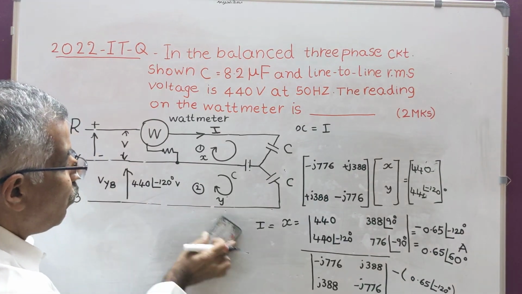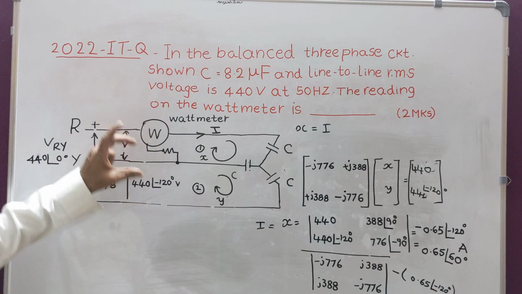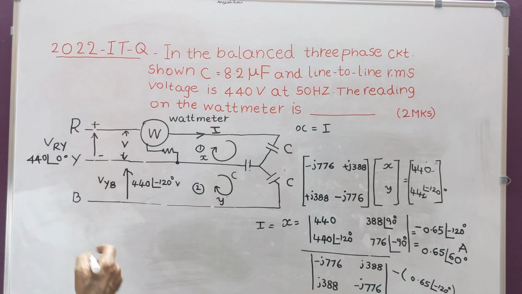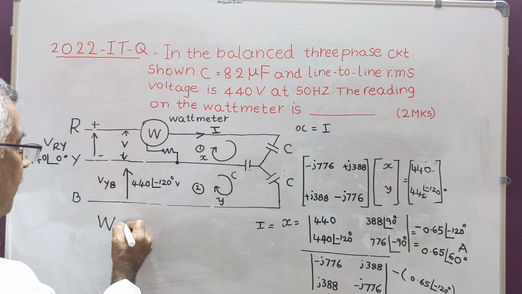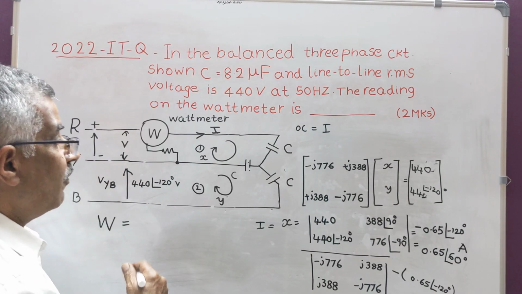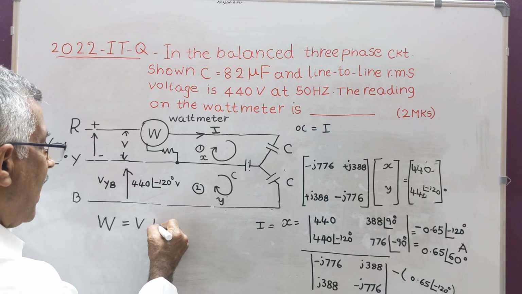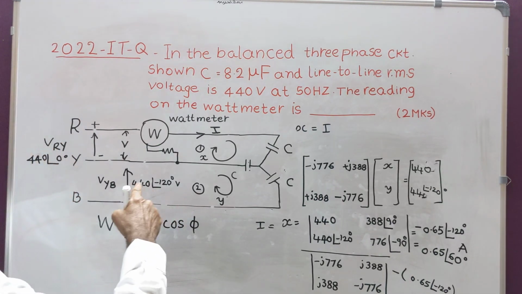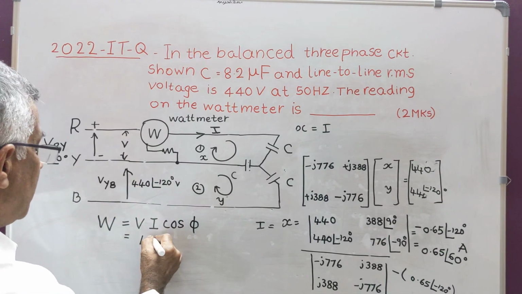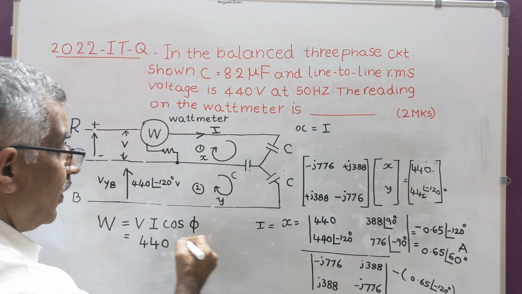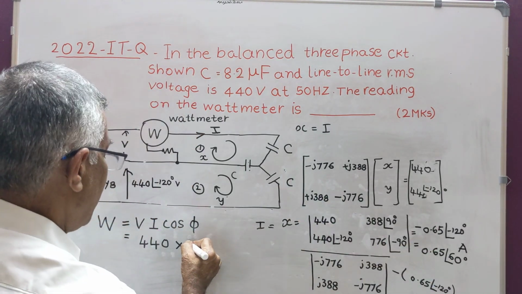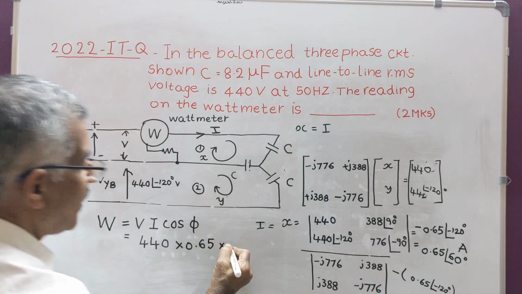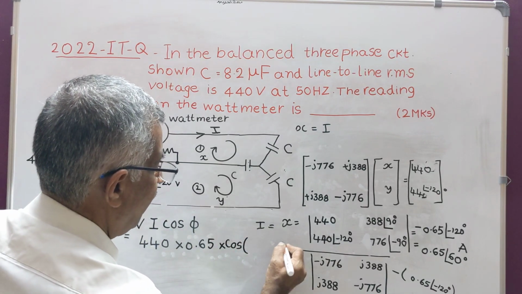Now the wattmeter reading. The voltage across the voltage coil is VRY, that is 440 volts. Therefore, wattmeter reading equals VI cos phi. Voltage is 440, current is 0.65, and cosine of the phase difference.